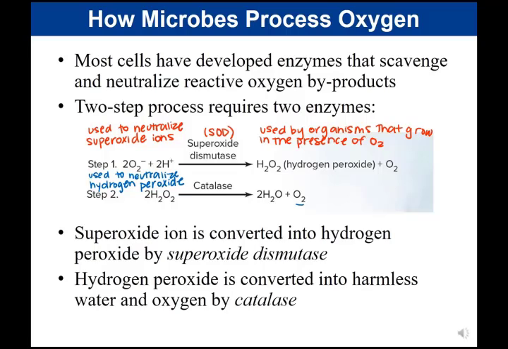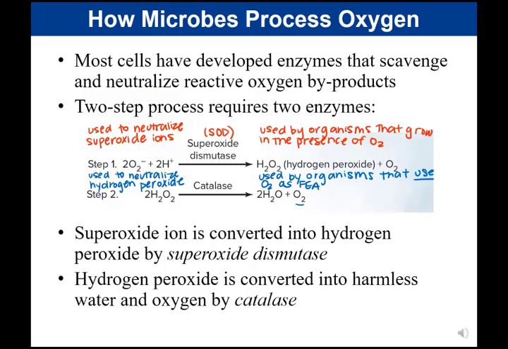So catalase is not just used by organisms that grow in the presence of oxygen. In this case, it's actually used by organisms that use O2 as their final electron acceptor.